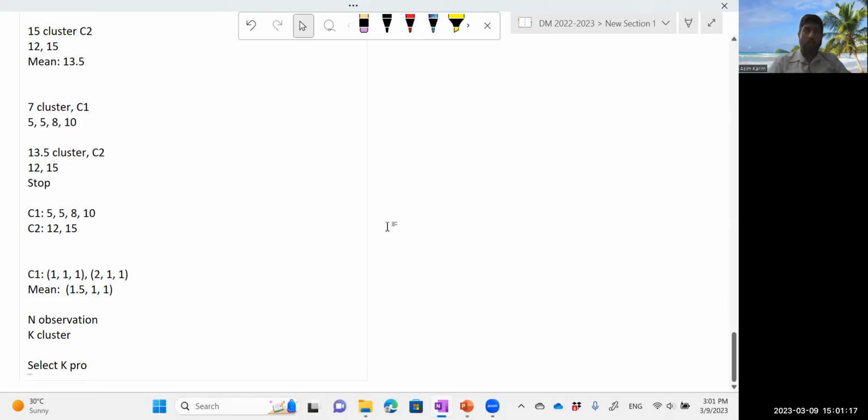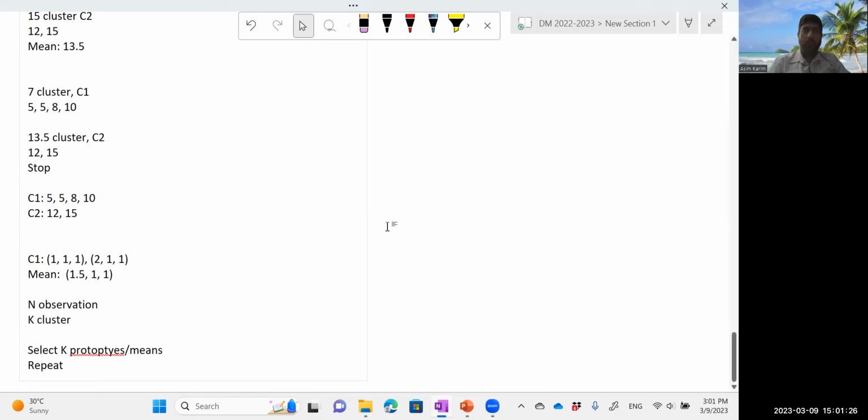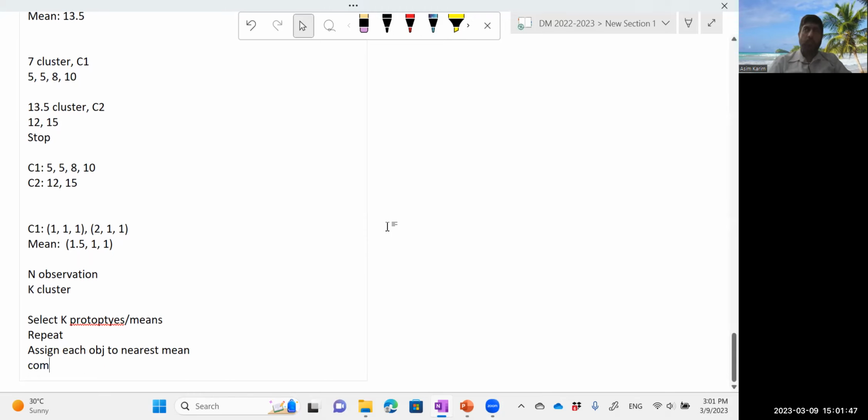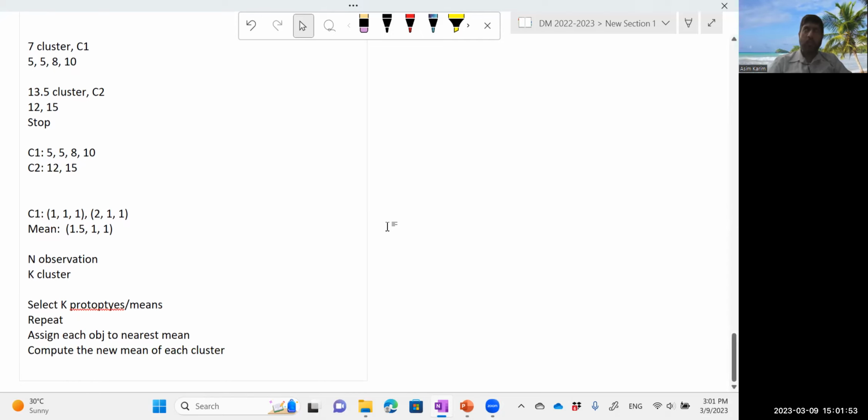k, ठीक है, and then you repeat. ठीक है, assign each object to the nearest mean, then of course compute the new mean of each cluster. ठीक है, until no change in clustering.